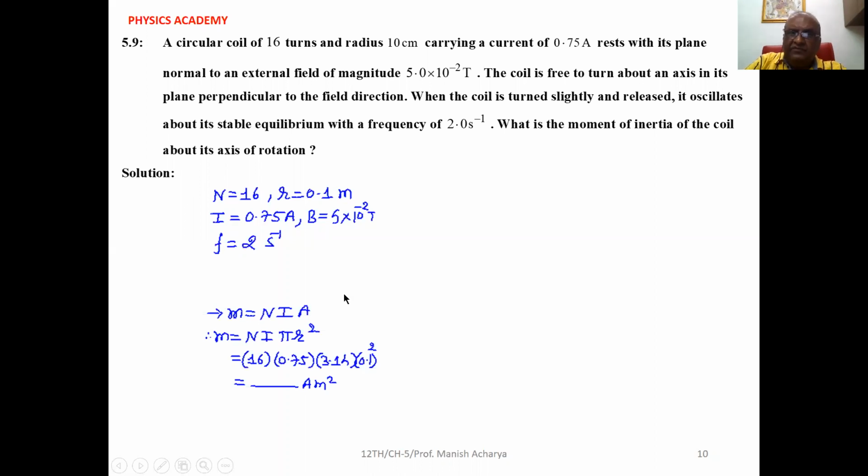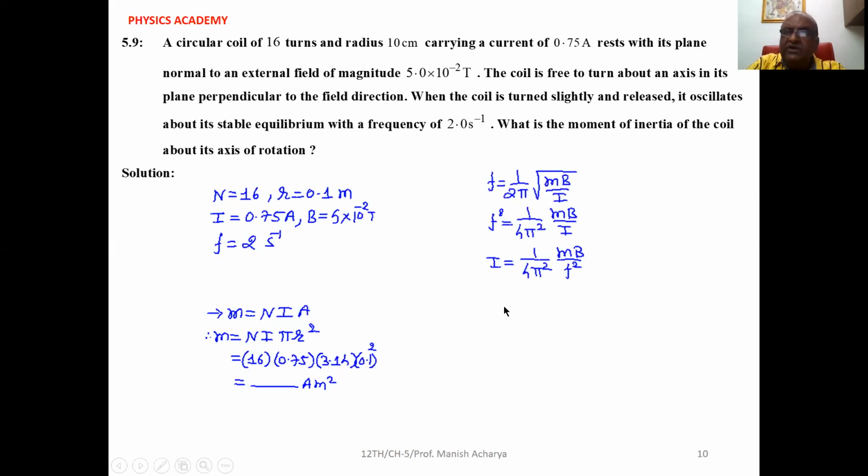Now, first of all, we have to calculate the magnetic moment. Magnetic moment M is NIA. Area is not given to you, but radius is given. So magnetic moment is NI into area, that is pi r square. N, number of turns, is 16, I is 0.75 ampere, pi is 3.14, radius 0.1, take the square of it, and now solve this one, you will get the magnetic moment.